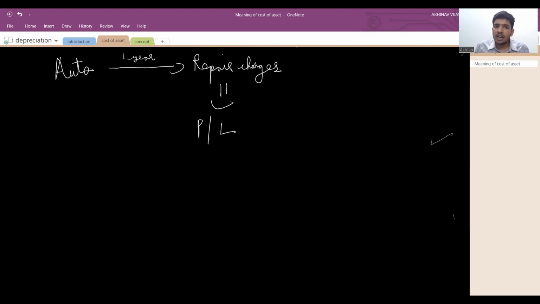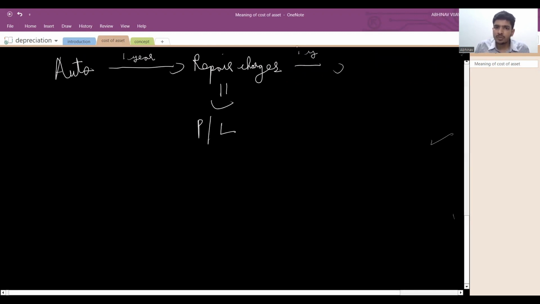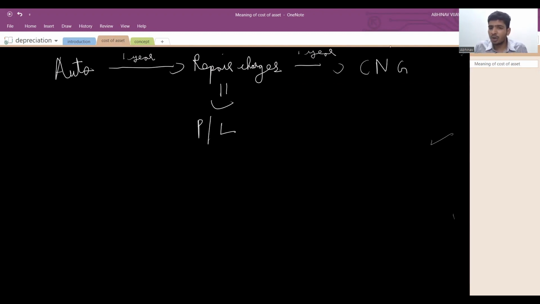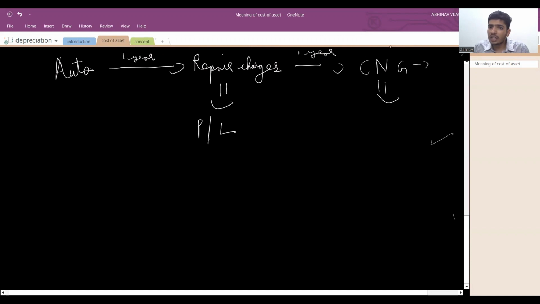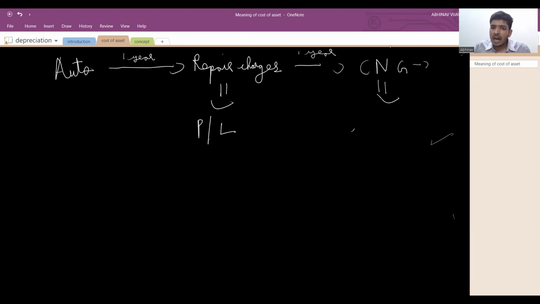Now, again, 1 year time passes. You plan on changing the auto to CNG from petrol. So here, what do you do? You're actually trying to increase the efficiency of the auto. So the amount of money you pay to convert from petrol to CNG, that value will be added to the cost of the auto.